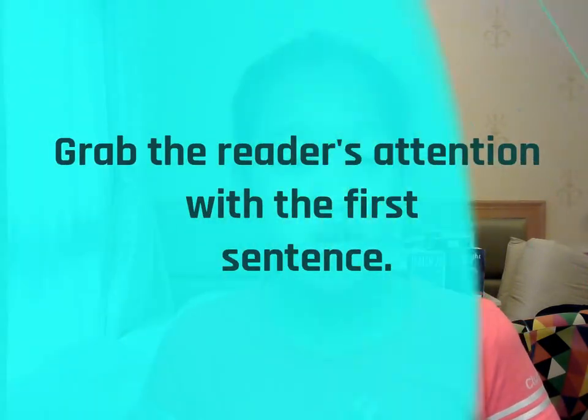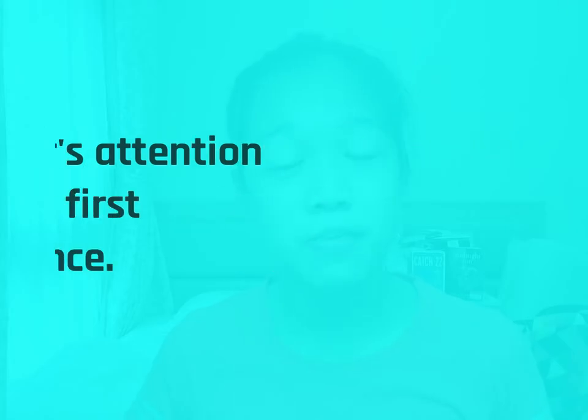So here goes our first tip, which is to grab the reader's attention in the first sentence. This is a very basic method that all writers use. This technique goes for all kinds of writing, like debating, essays, stories, or poems.